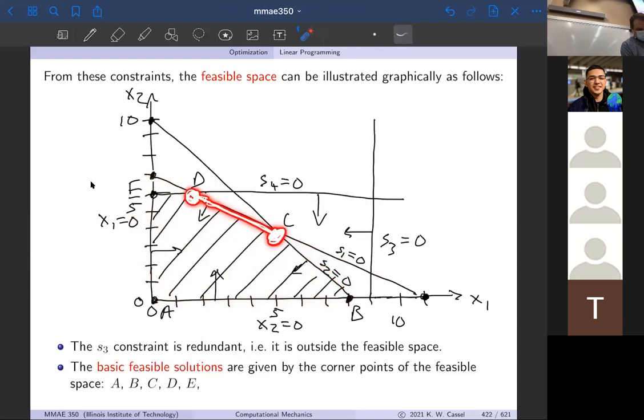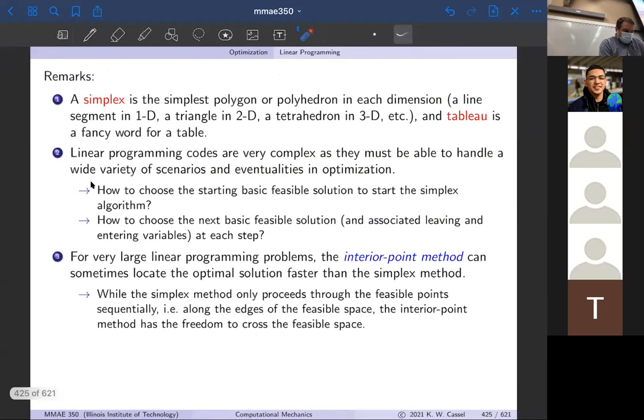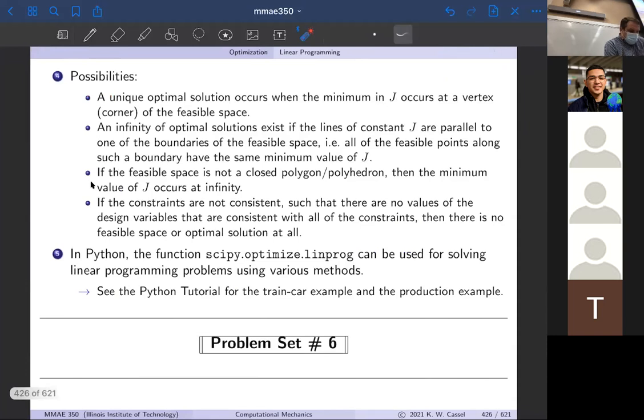Or any of these x1, x2 along this line segment? They all give the same J. So that is a situation where you have an infinity of optimal solutions, because every point along that line segment between C and D would give me the same profit.